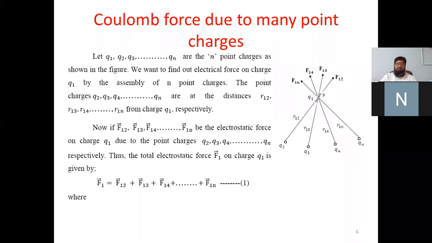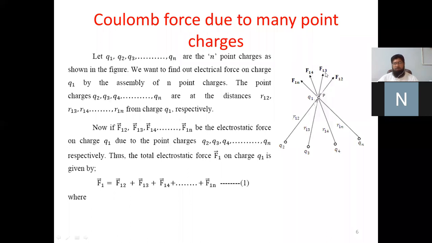In the same way, if we calculate how much force is exerted on the Q1 charge, we can say that Q2 is exerting force on Q1, Q3 is exerting force on Q1, Q4 is exerting force on Q1, up to Qn exerting force on Q1. So F1n is the force on charge 1 due to charge n, and F14 is the force on charge 1 due to the fourth charge.